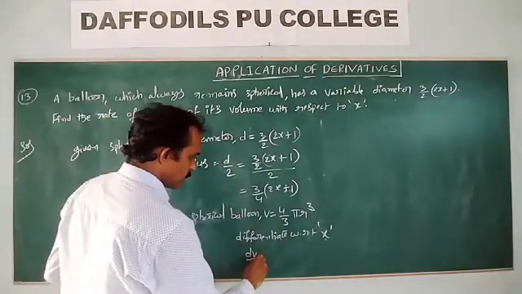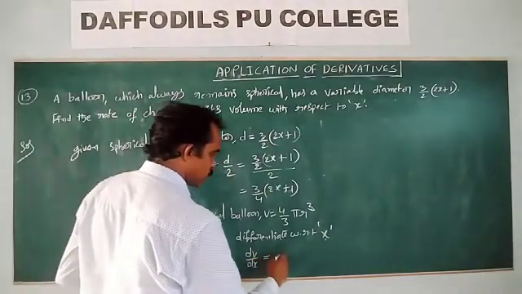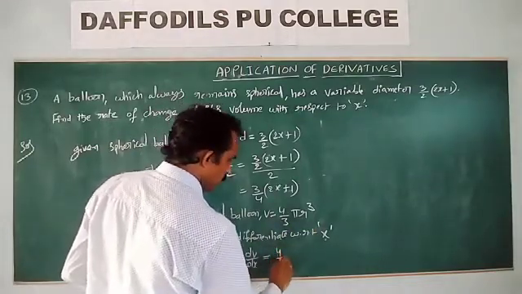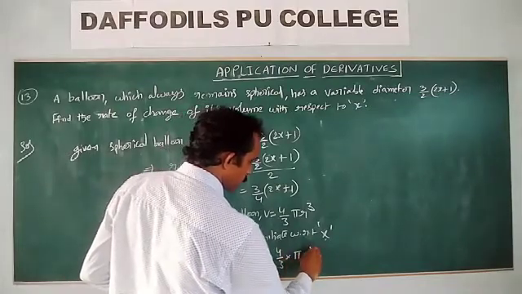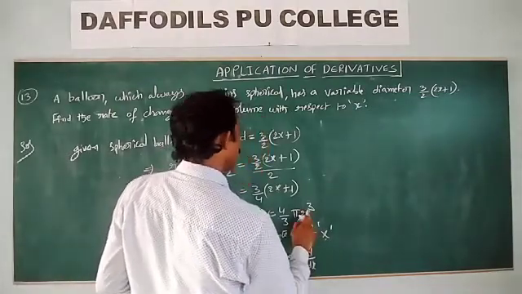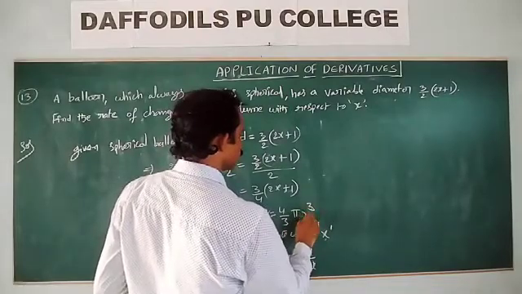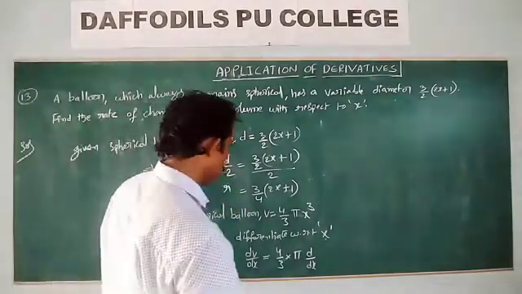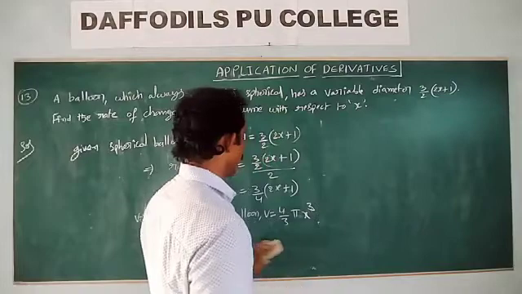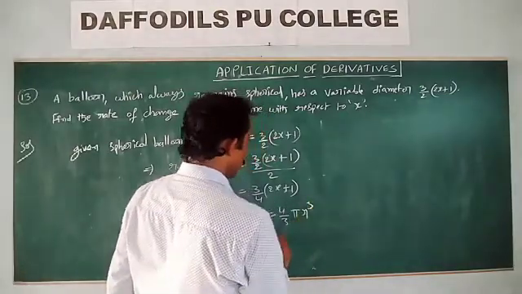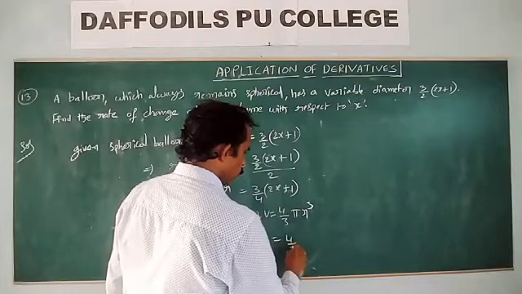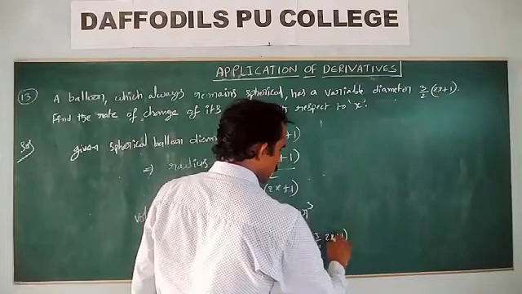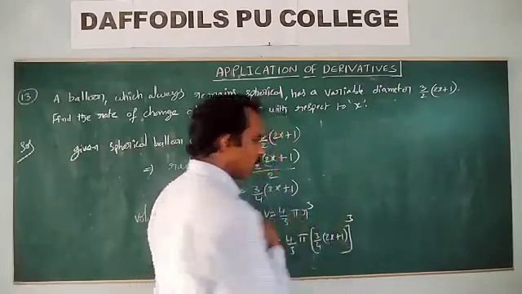Before that, substitute the radius value: 4 by 3 into pi into 3 by 4 times 2x plus 1, whole cube.